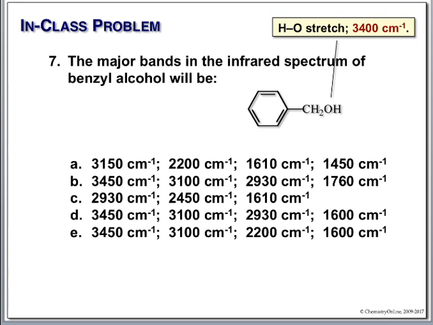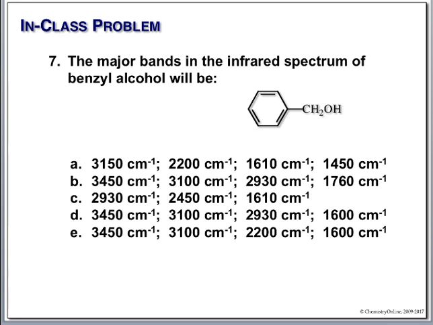The next thing, as we work our way down, we would expect to see sp squared CH stretching. Remember that sp squared CH stretching occurs on the high side of 3,000, typically around 3,100. So we would expect one of those.